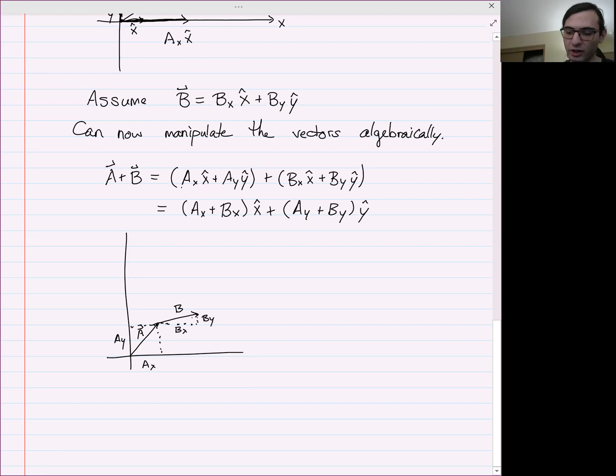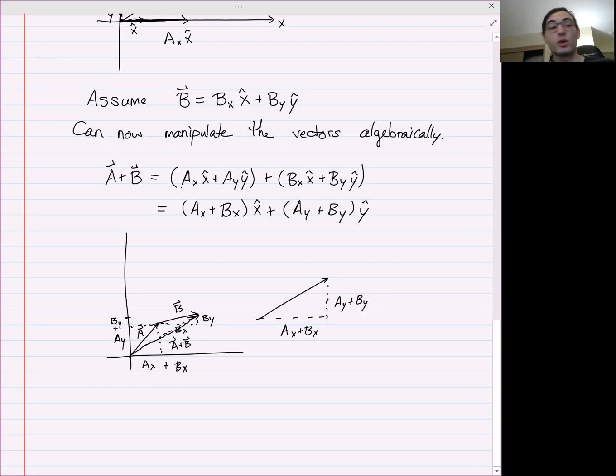So the resulting vector, this vector here, sorry, I know it's getting cluttered, A plus B, well, it would go AX plus BX units to the right, and it would go AY plus BY units up. And so the resulting vector would have sides AX plus BX and AY plus BY.